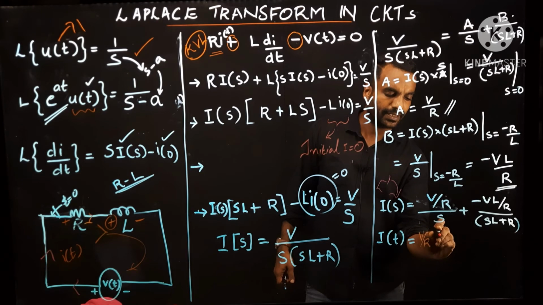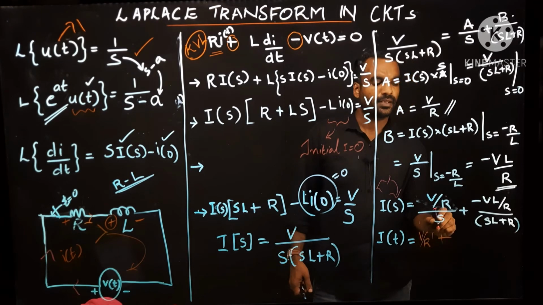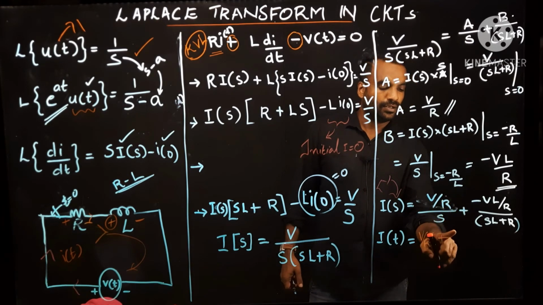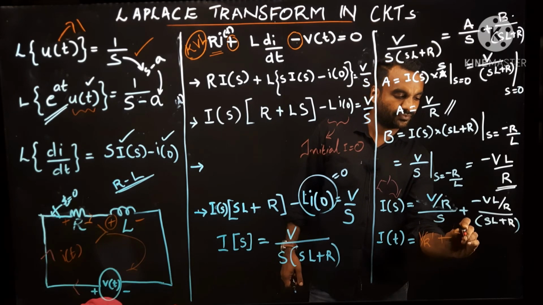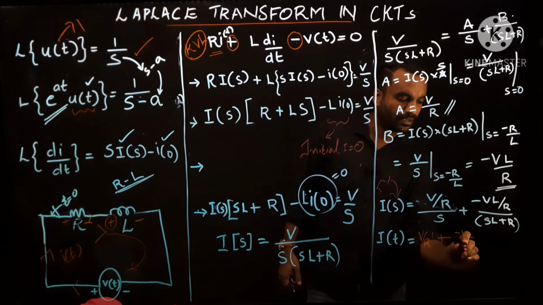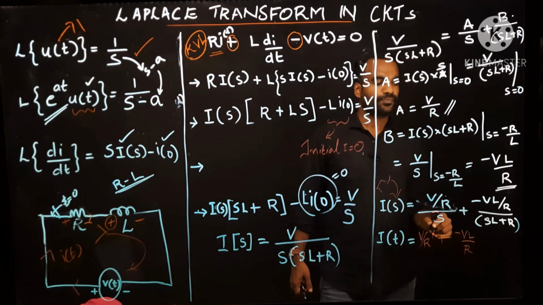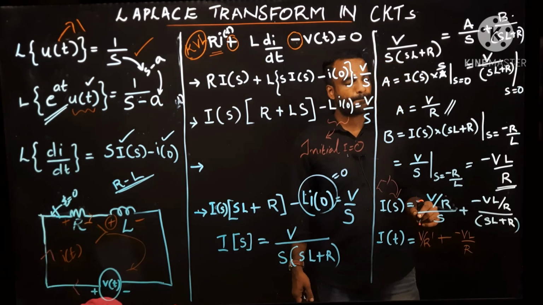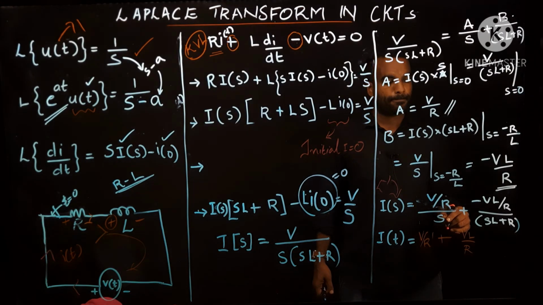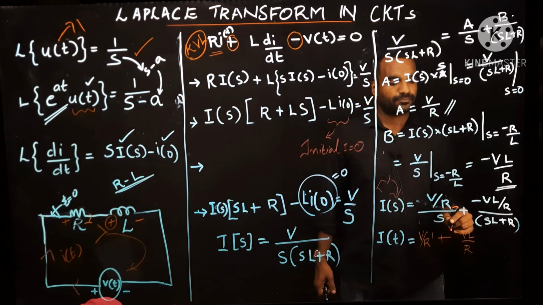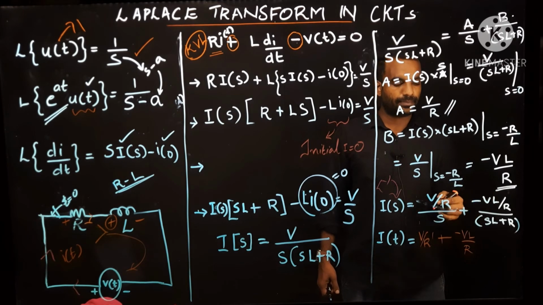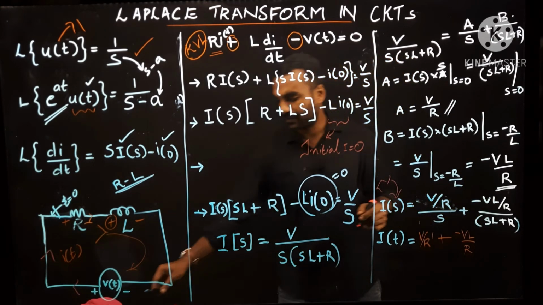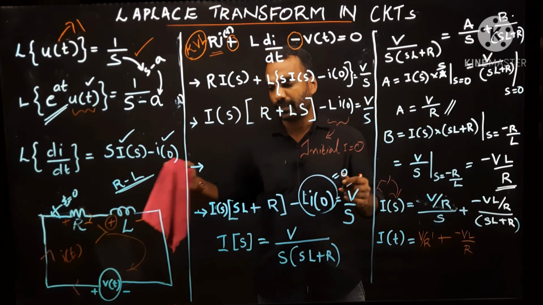So we can keep it like that, that is into 1 plus minus V L by R into... So before that, you have to do some basic rearrangement in that. Then it will become somewhat easier.